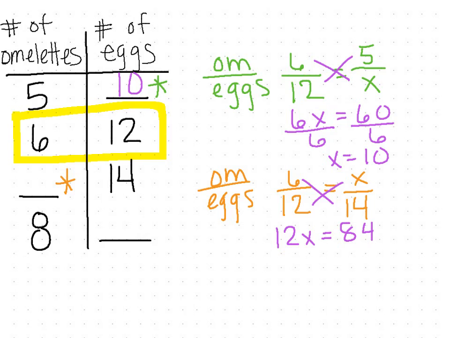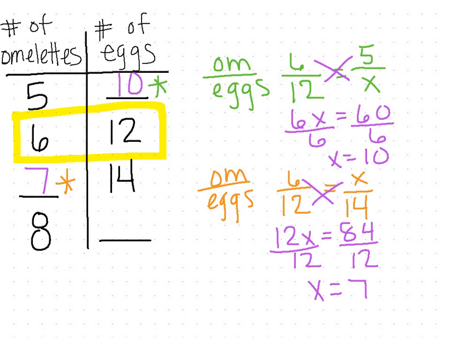And then we will divide by 12, and x equals 7. So 7 omelets will create 14 eggs, and we probably notice a pattern.